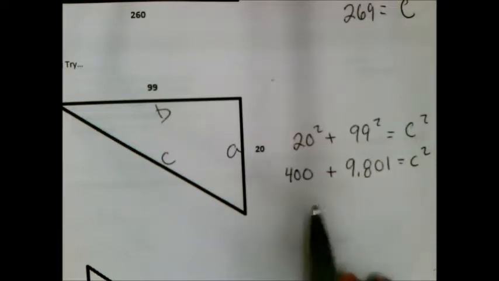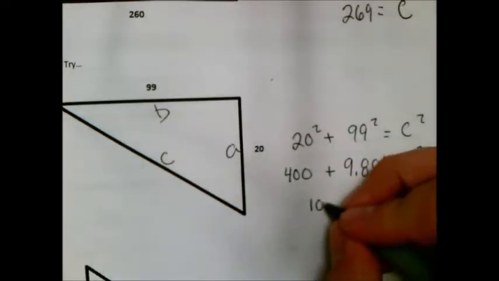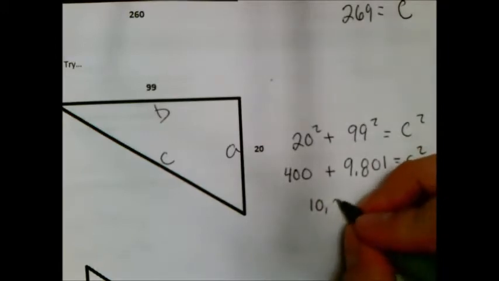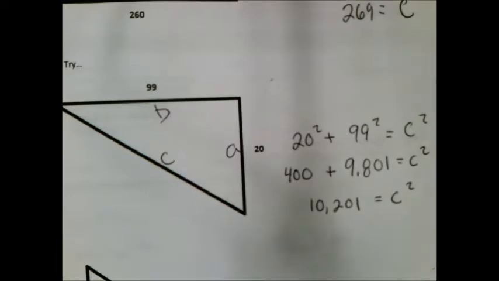Then what we're going to do is, because we're solving for C squared, we're just going to add these two together. So it's going to be 10,201 equals C squared.